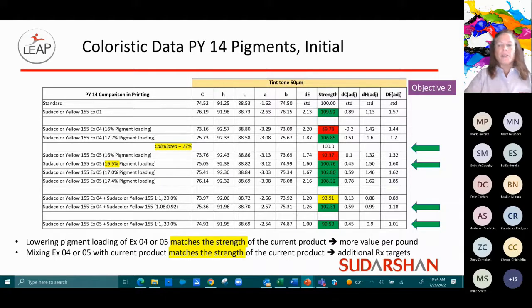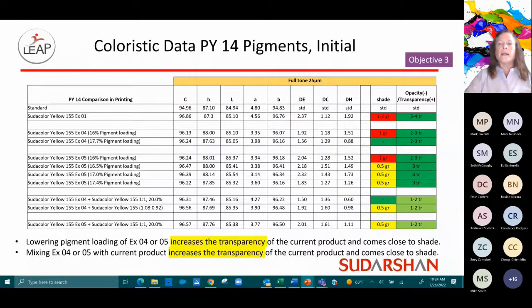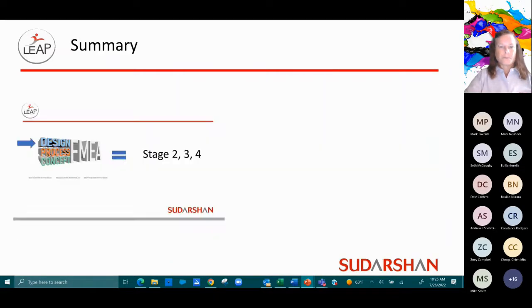So that gives us some additional formulation targets to use going forward. And again, against the third objective, which is the transparency, in all cases, both the lowering of the pigment loading and the mixing still maintained a higher transparency than the current product. So we've got some very good clues to go forward with.